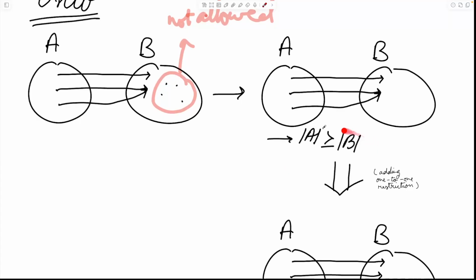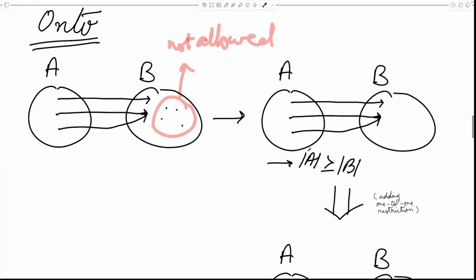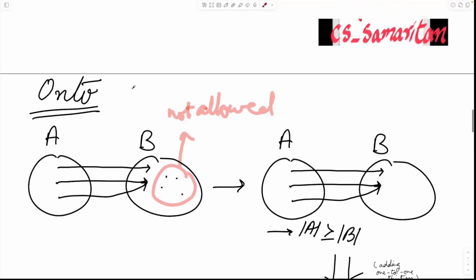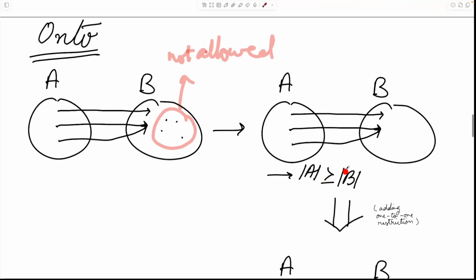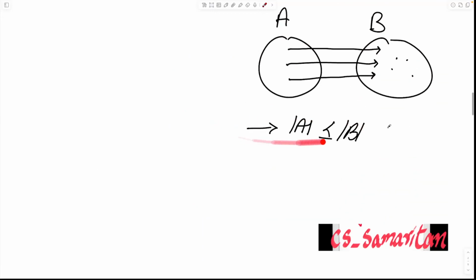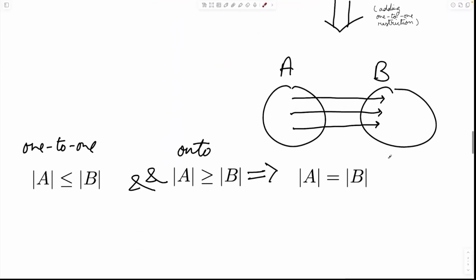So this condition must be true, that the size of A is greater than or equal to the size of B, for an onto function from A to B to exist. And they are giving us that both an onto and a one-to-one function exist, so both conditions exist simultaneously.